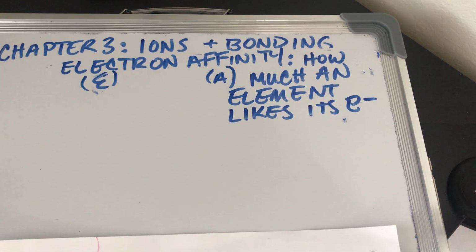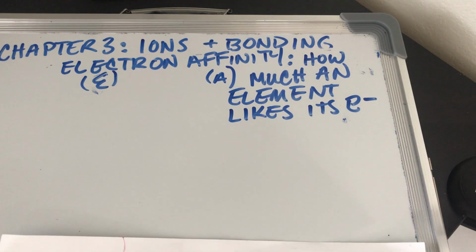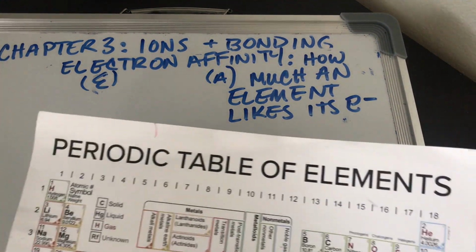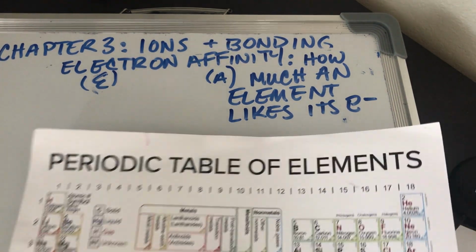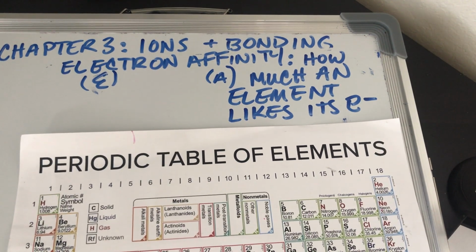Knowing that electron affinity is about how much they like their electrons, who do you think has more electron affinity, metals or nonmetals? Nonmetals, absolutely. Does that make sense, guys?